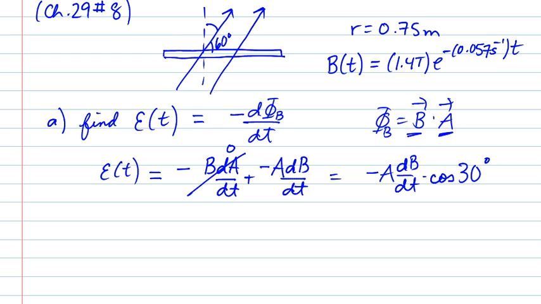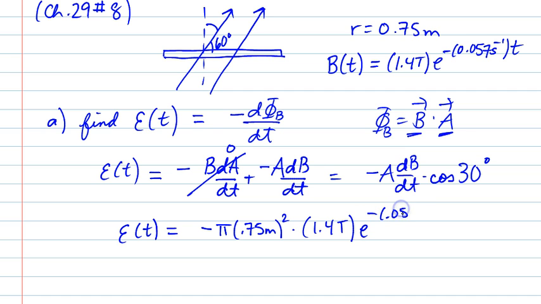That's going to be root 3 over 2, and we get an EMF of negative A, which is negative pi times r squared, and dB is going to be our original 1.4 T e to the negative 0.057 times time, and then that's going to be times our derivative, so it's negative 0.057, and the two negatives are going to cancel out.